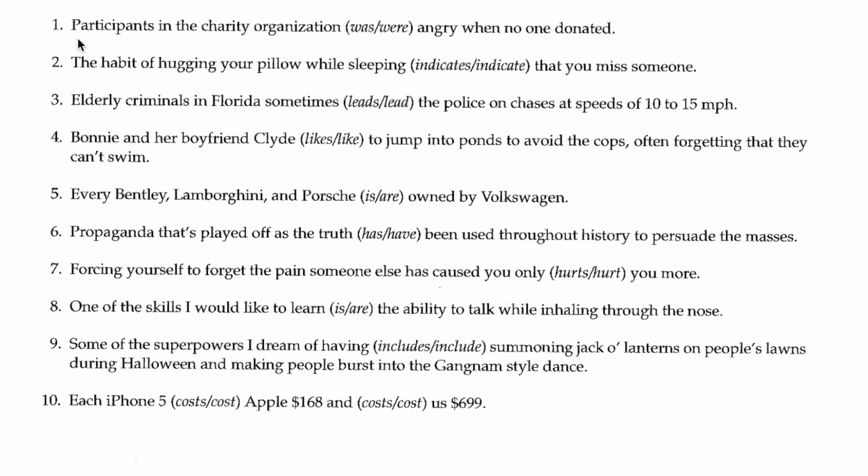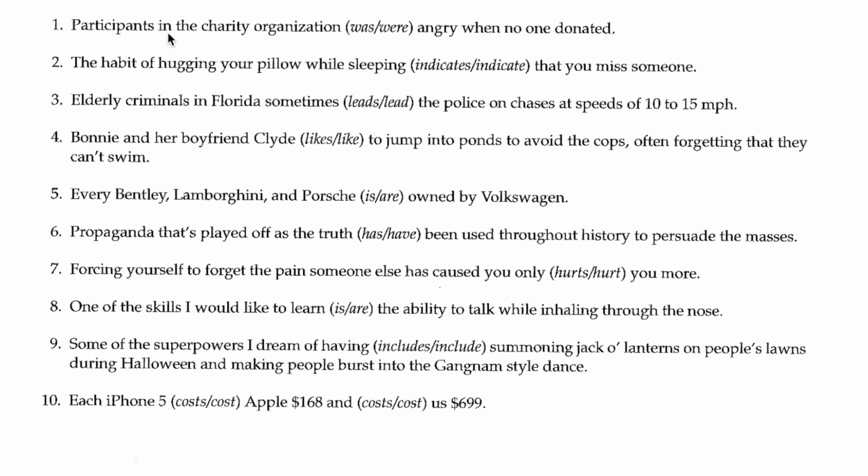So now let's revise the answers of the first exercise. The first example is: participants in the charity organization was or were angry when no one donated. Where's my verb? It's was or were. Alright, who is doing this verb? Who was or were angry? Is it the charity organization or the participants? We said before, to get to the essence of the sentence, you need to cross out any relative, prepositional, or comma phrase.